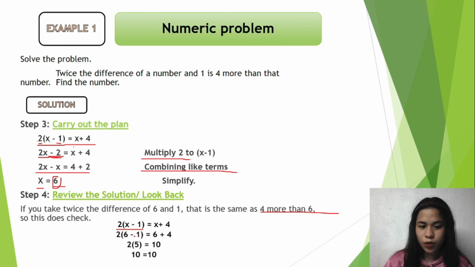So we have 6 minus 1 is 5. Then multiply, 2 times 5 is 10. And dito sa kabila, we substitute again the value of x, which is 6. 6 plus 4 is equal to 10. So therefore, our solution is correct. So 10 is equal to 10.